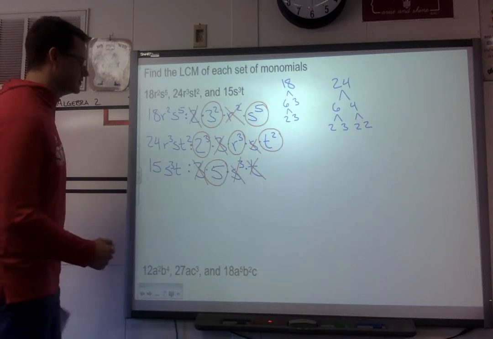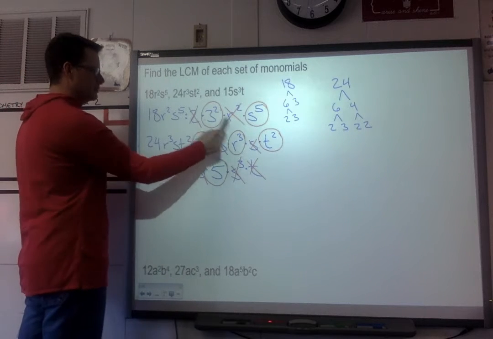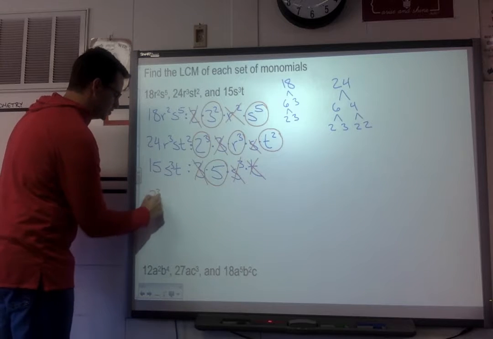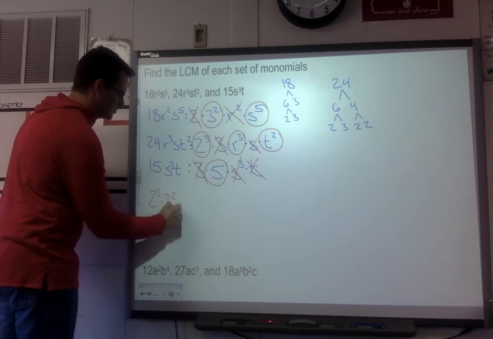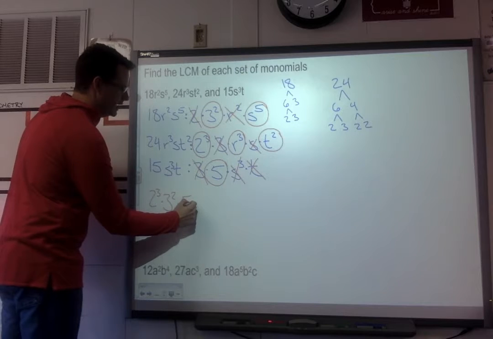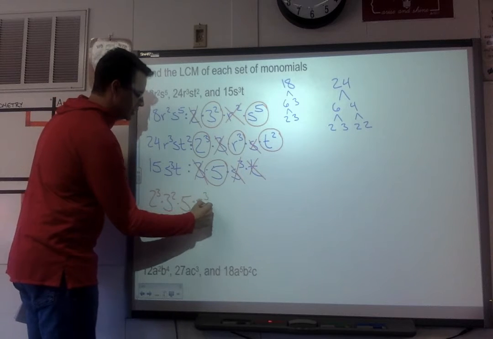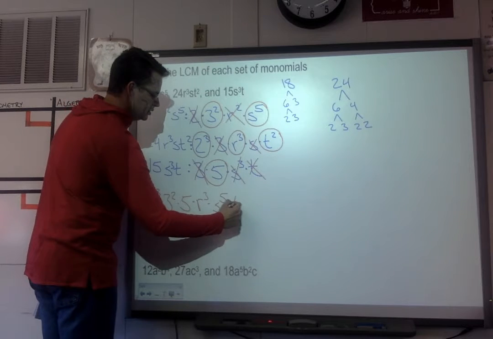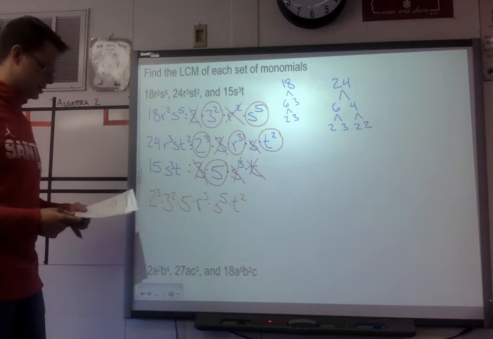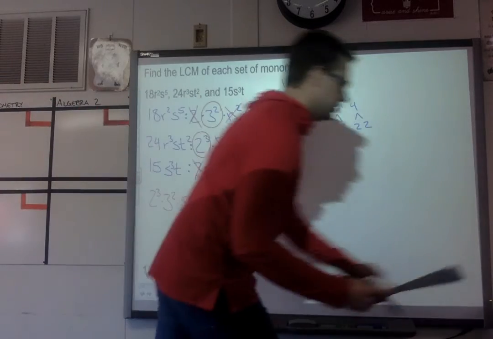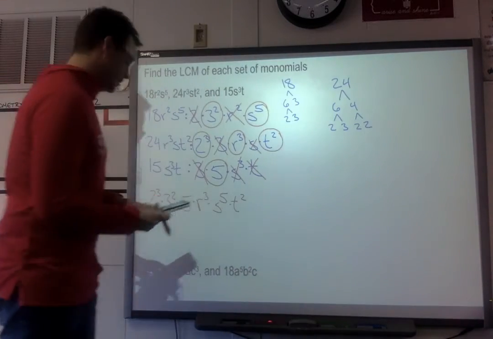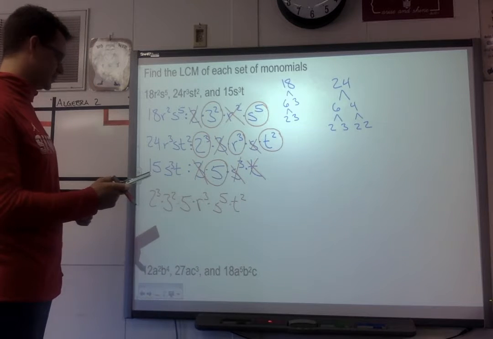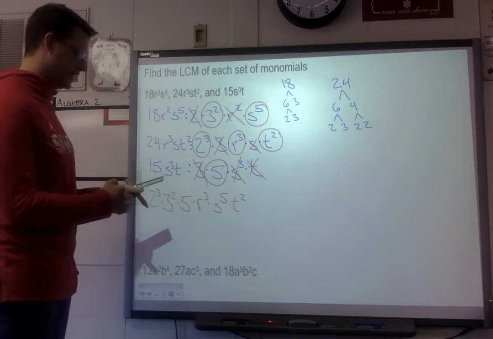So now that we have done that, we're going to multiply each of those powers that we came up with. So 2 cubed times 3 squared times 5 times r cubed times s to the 5th times t squared. When I multiply all of those together, I would get 2 cubed, which is 8, times 3 squared, which is 9, times 5.